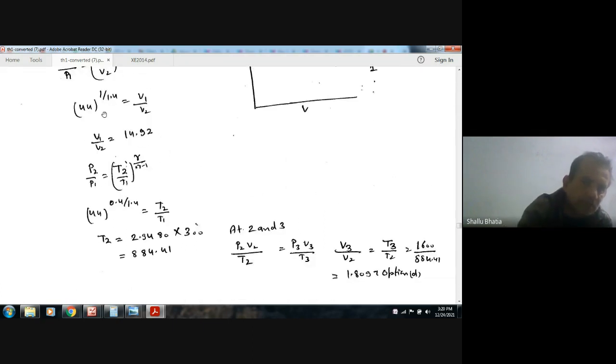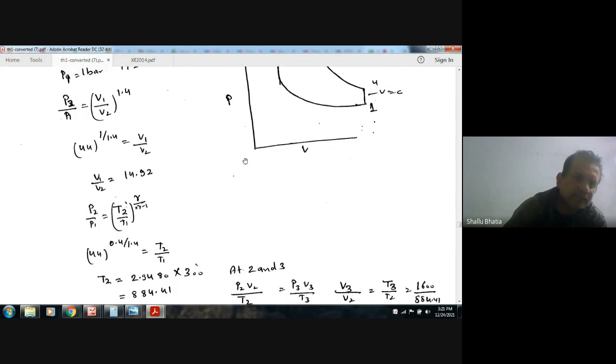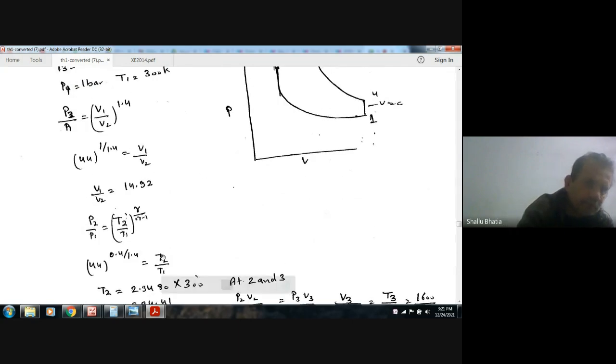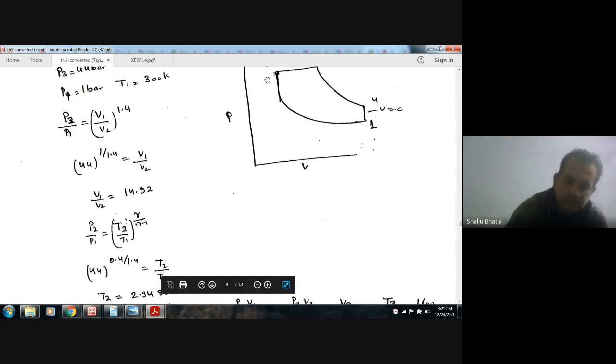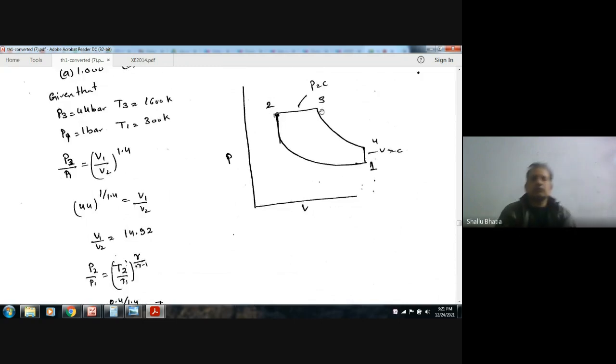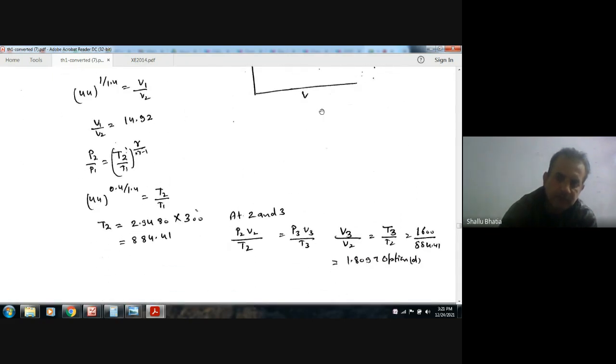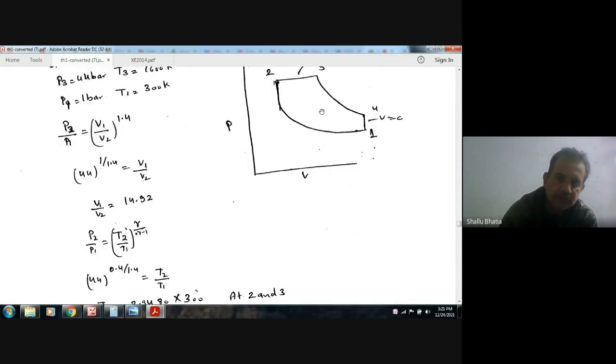So we need not calculate this. V3 by V2 is the answer. We can just calculate T2 by T1, then using P2 V2 by T2 equal to P3 V3 by T3, we can convert it to V3 by V2. The value 1.8 is given as option B.